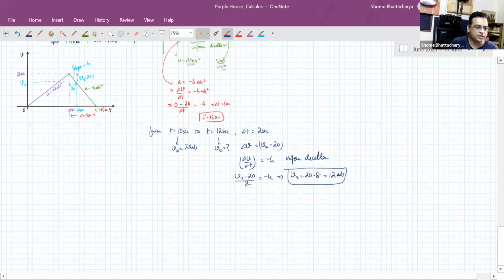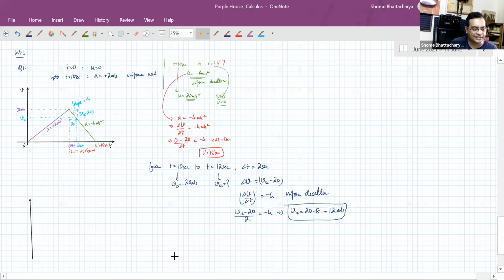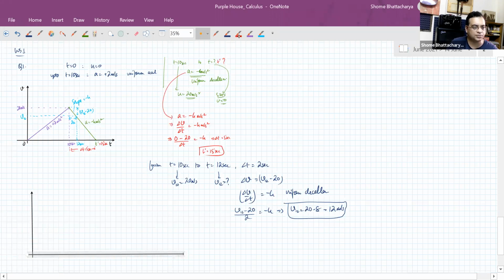Now, one more thing that this question had asked in the first part was how the distance versus time graph, or displacement versus time graph, will look. That will also be a very interesting thing. It should have two parts again. From 0 to 10 seconds, the distance is increasing in such a way that the slope should be increasing because the velocity is increasing. So it should be a curve like this, which looks concave when I see it from upwards.